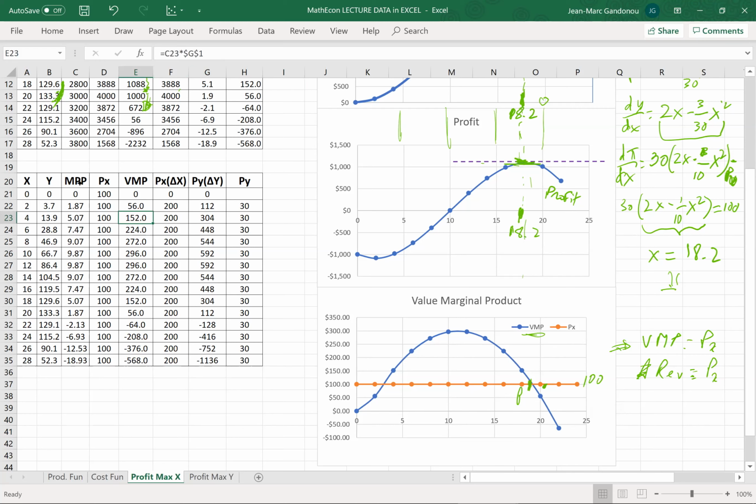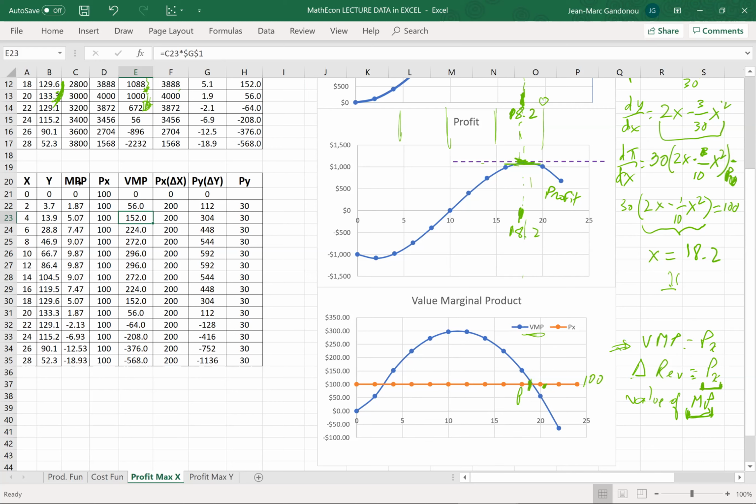Okay. So when the value of your marginal product, and so that's what it is, okay, is the change in revenue, additional revenue, the value marginal product has to be equal to price. That means that if you produce one more unit of Y, what you get out of that unit, the value of that unit, has to be at least equal to the input price.